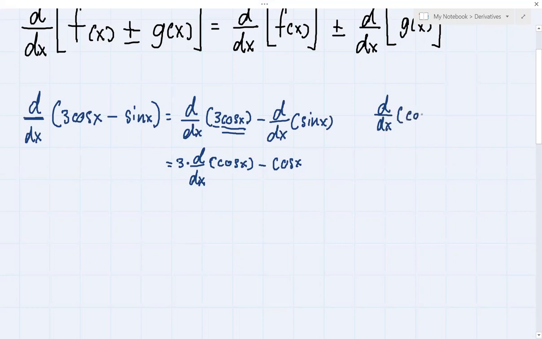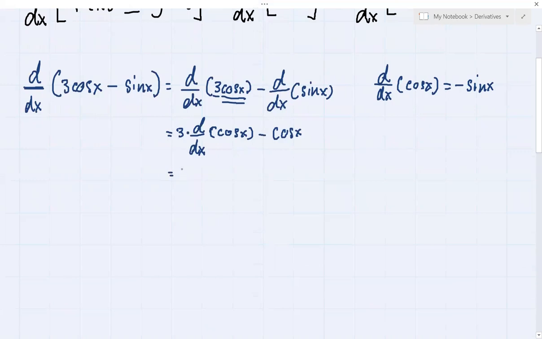The derivative of cosine x is equal to negative sine x. Okay? So, therefore, we will have 3 times negative sine x. Let me repeat, the derivative of cosine x is negative sine x.